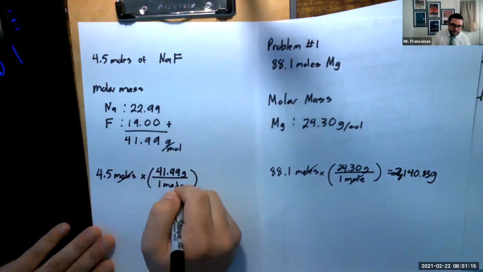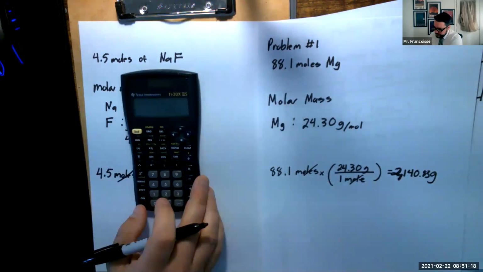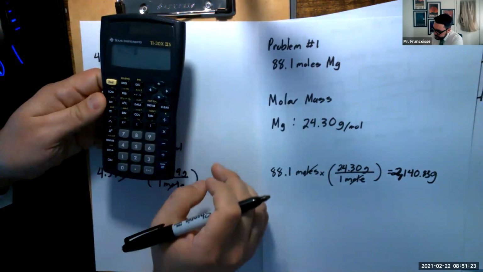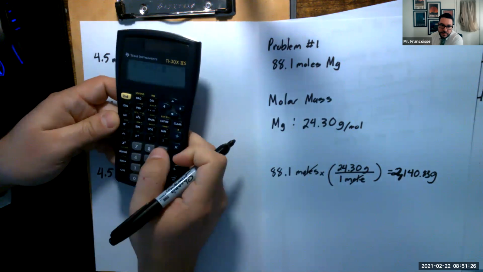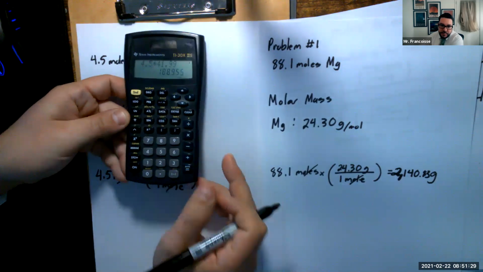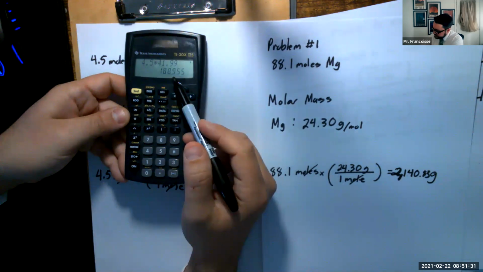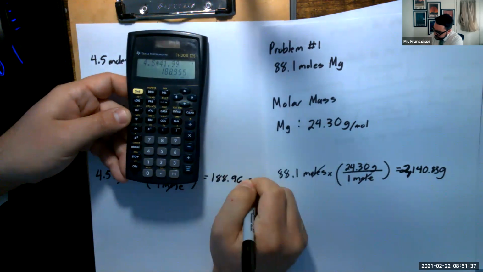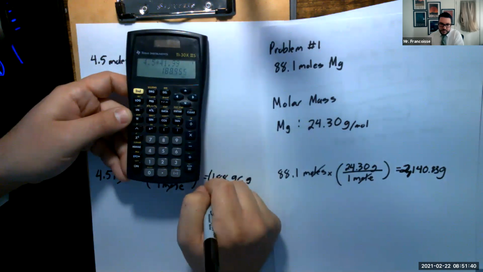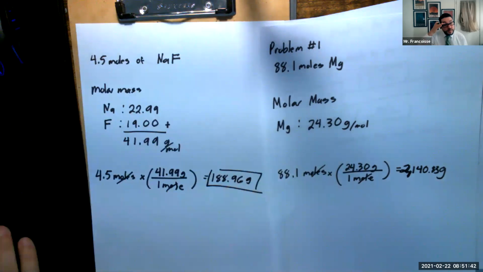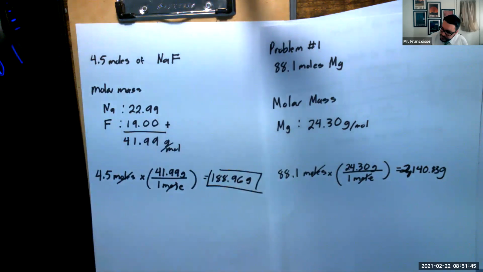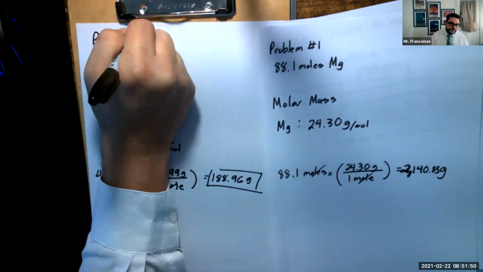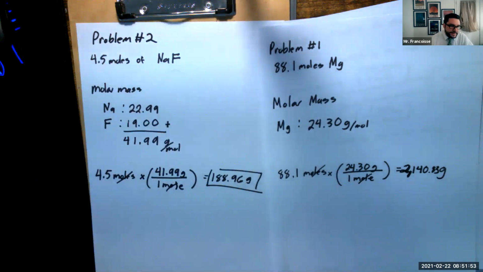Moles would cancel out. So we get 4.5 times 41.99. So here we get 188.96. And that would be our answer. So this is problem number 2. So there's a mix of them for the rest of the problems.